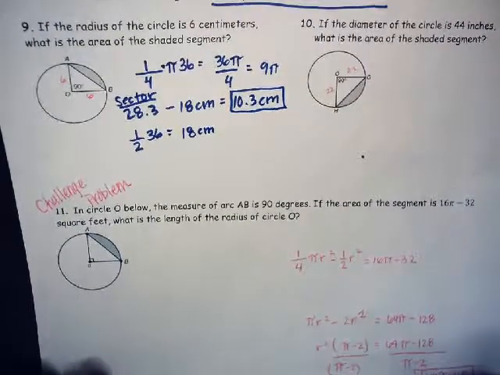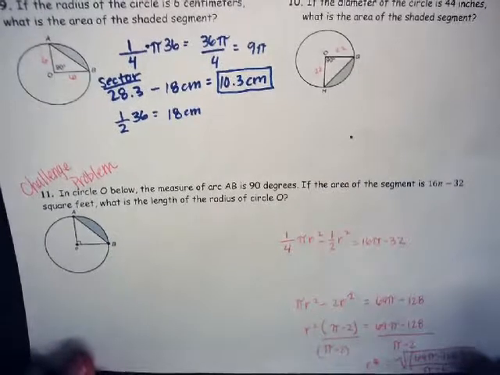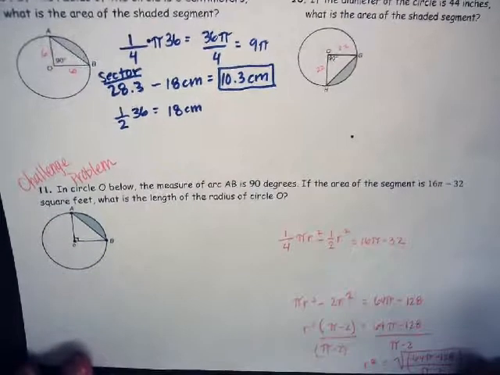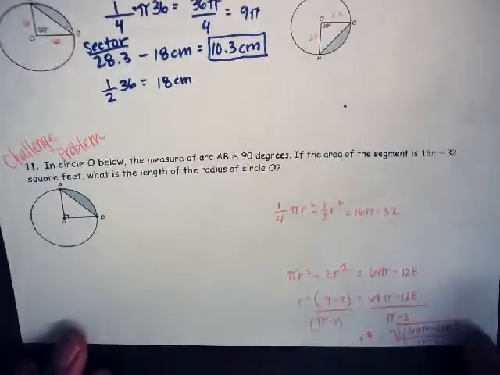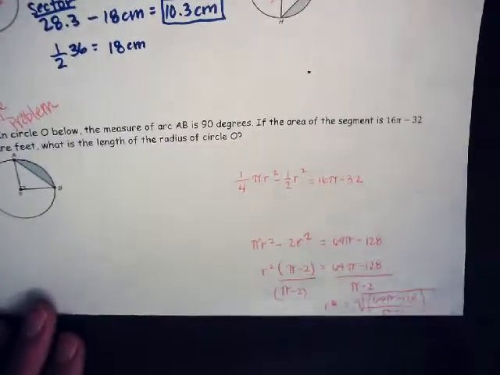If I simplify this, what I first did was multiply both sides of the equation by 4 to get rid of my fractions, and then I can pull out a radius squared. So now the next step is to divide both sides by pi minus 2. And then I have to take the square root of that.